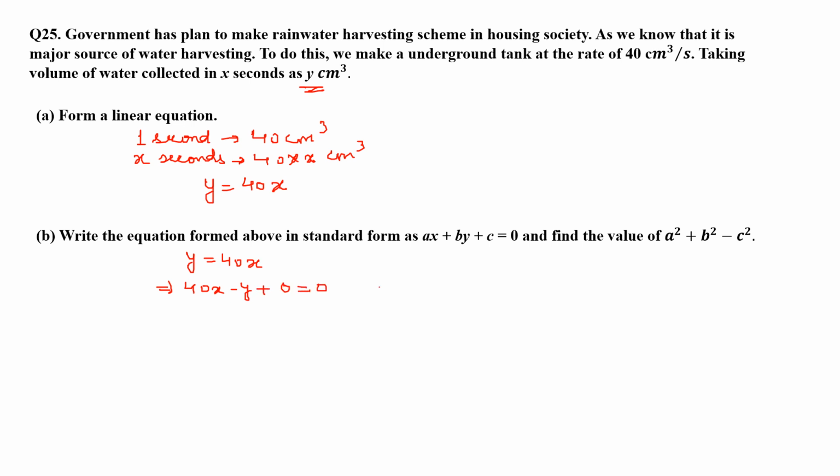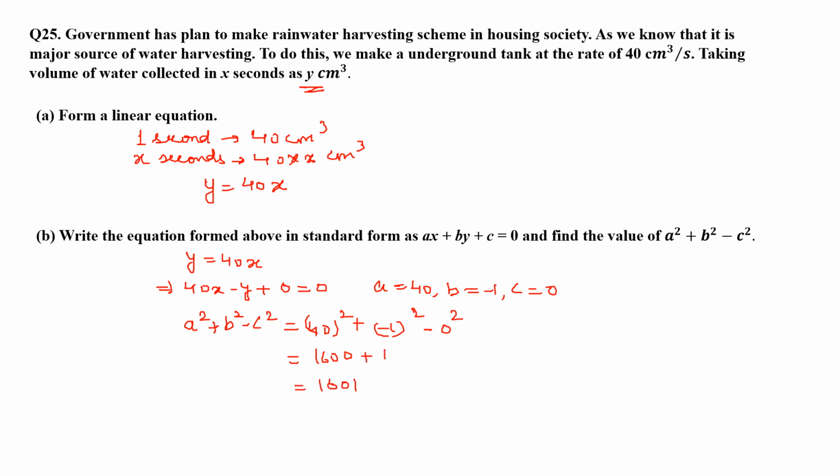So your a is 40 here, b is minus 1 and c is 0. Now let's put the values over here. So a square is 40 square, b square is minus 1 whole square, and minus 0 square. 40 square is 1600, minus 1 whole square is 1. So this will give you 1601.